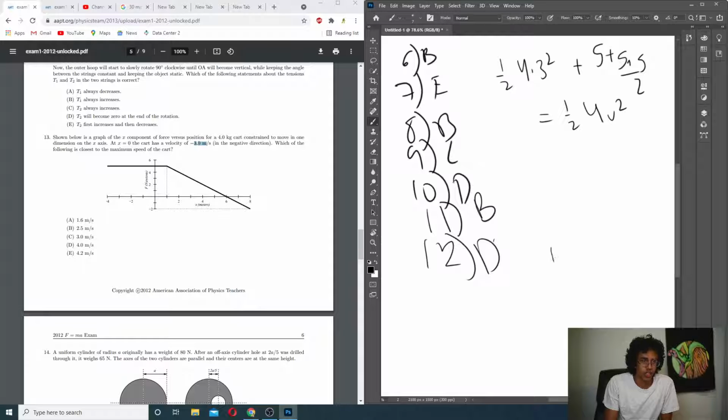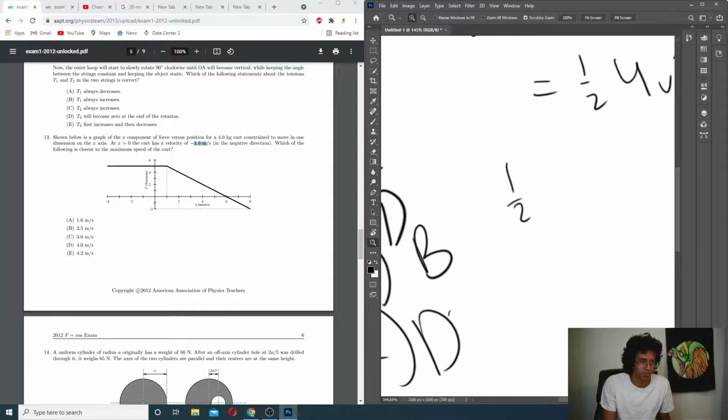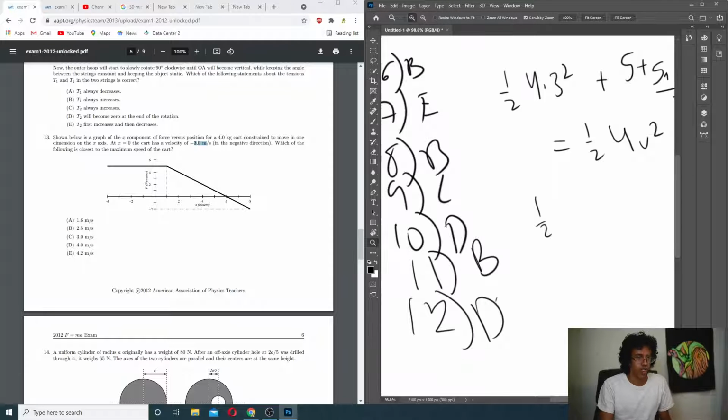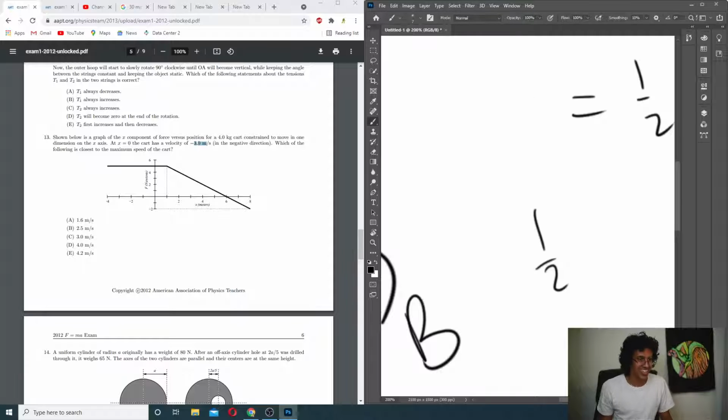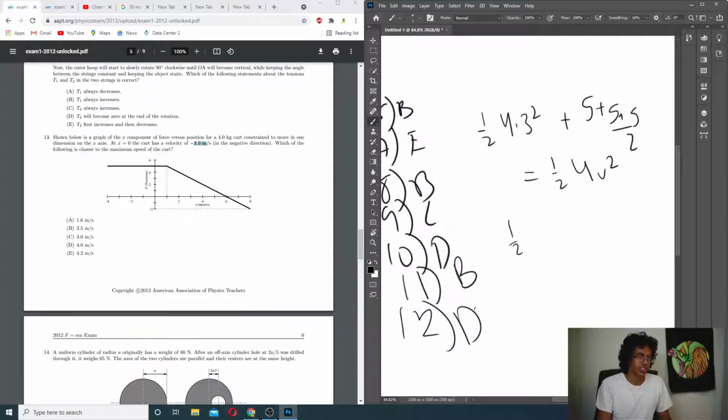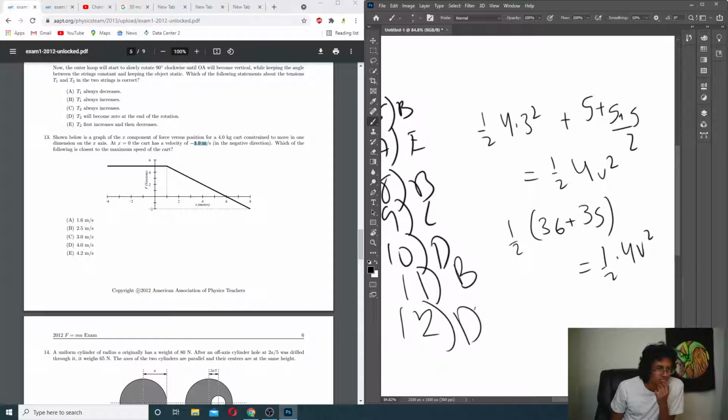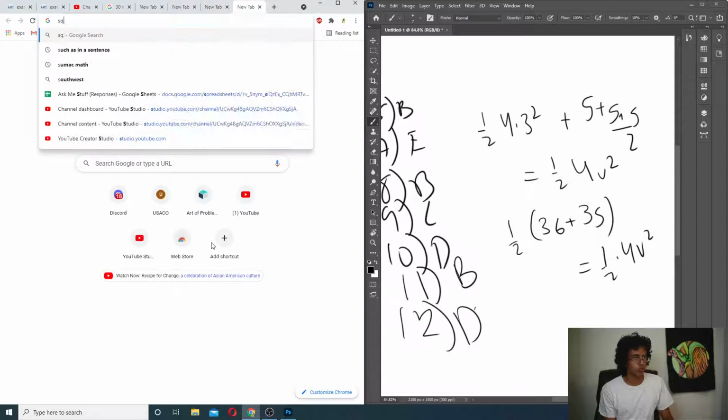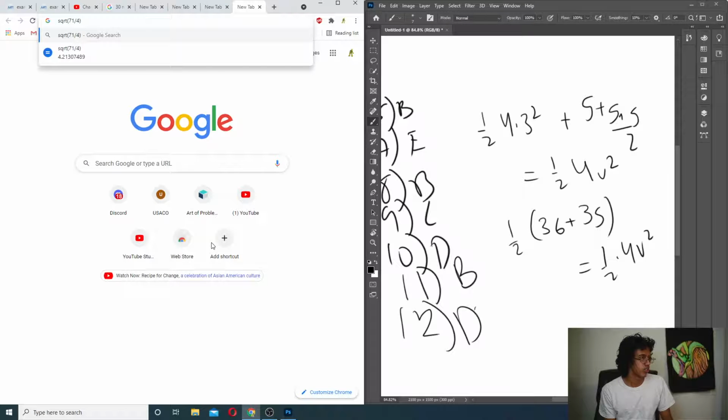And 1/2 times 36. So 36 plus 35 is equal to 1/2 times 4 v squared. So essentially v squared is equal to 71, but no, that's not right. Oh, 71 over 4. So root of 71 over 4 is 4.2, which is E.